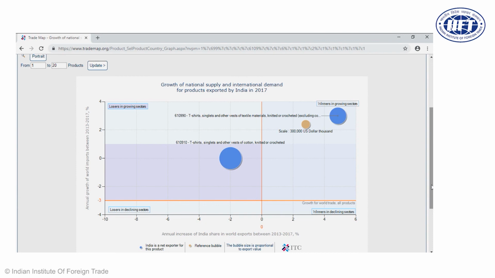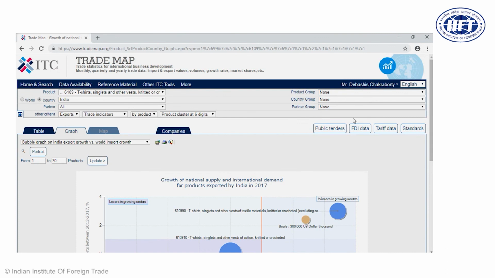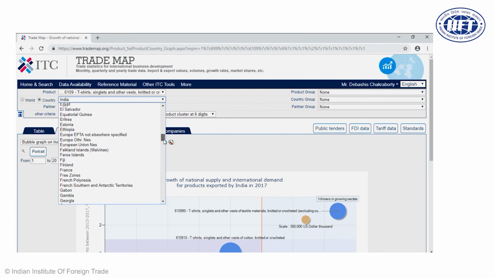So we are going to say that if India's export falls in this particular quadrant, as we see for this particular product 610990, then India is a competitive exporter in this product.